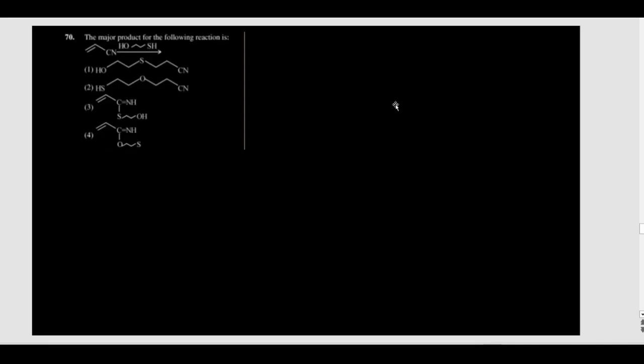Now let's see one more question. They have given C triple bond N, and here it is a double bond, and they have given OH and SH. Here, due to its lower electronegativity, this sulfur will give electrons.